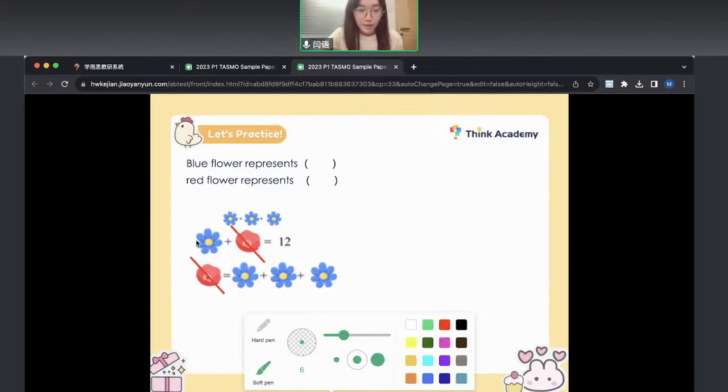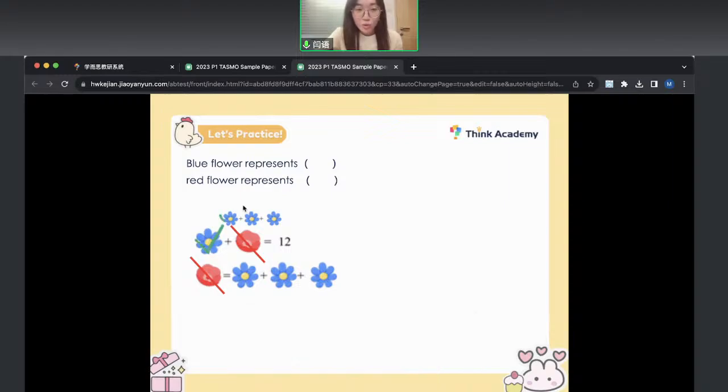Okay, so here you see 1, and then 2, and then 3, and 4, okay? So according to the first equation, now we can get 4 blue flowers equals 12. So what about 1 blue flower? What is it? Yes, that is 12 divided by 4. So then we can get 3, okay? Yes.